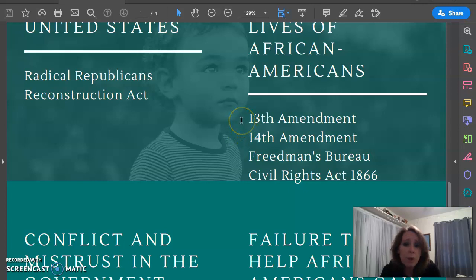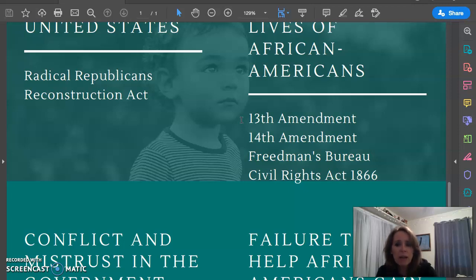And so one of the ways that the Congress wanted to institute and codify, put into law this new status for African Americans was by passing amendments. The 13th Amendment was passed that freed the slaves. The 14th Amendment was passed, which made them citizens. And the Congress wanted the southern states to approve both of these to ensure that African Americans could have an equal status.